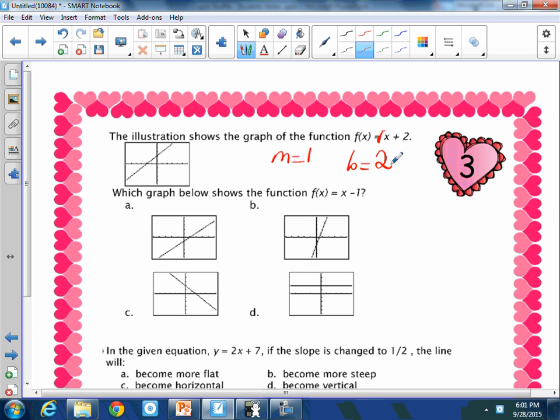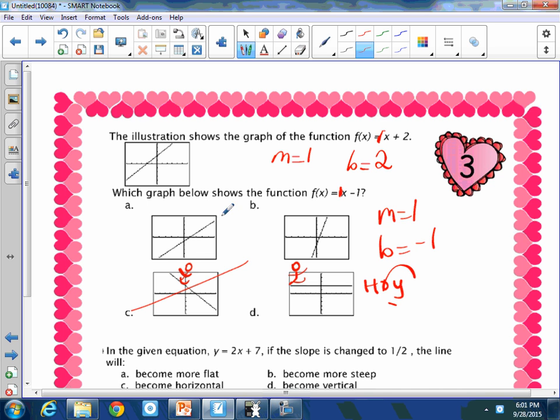Which graph below shows a function of f of x equals x minus 1? In here, the slope is still 1, but the y-intercept would be -1. It's still 1 because there's a 1 right there. So it's a positive slope, so Jimmy should be walking up. Jimmy's walking down, so it's not C. That's a horizontal line, which means slope is 0, y equals a number.